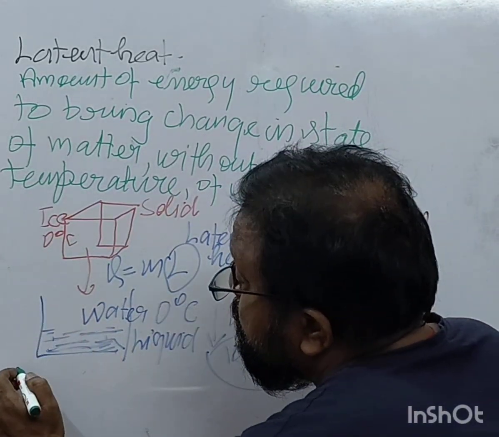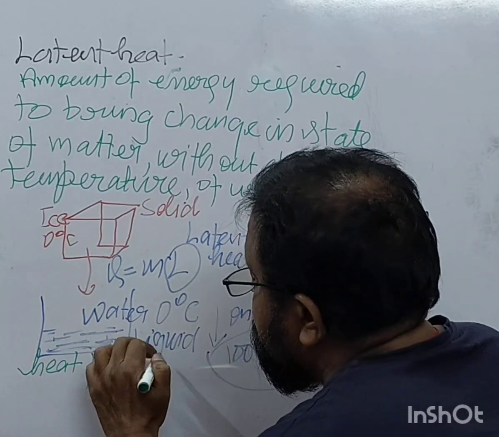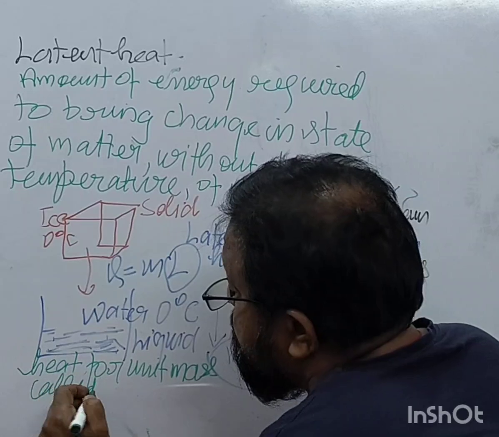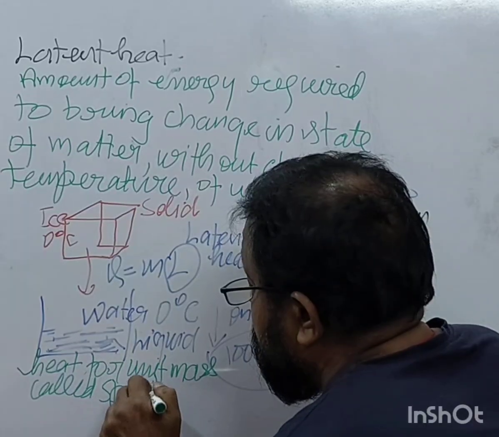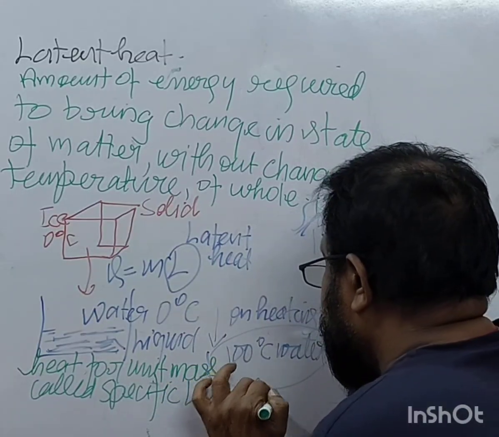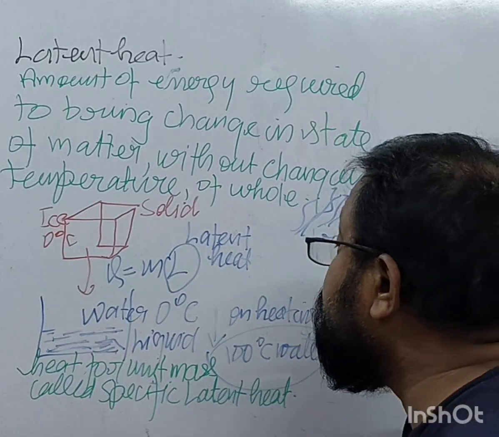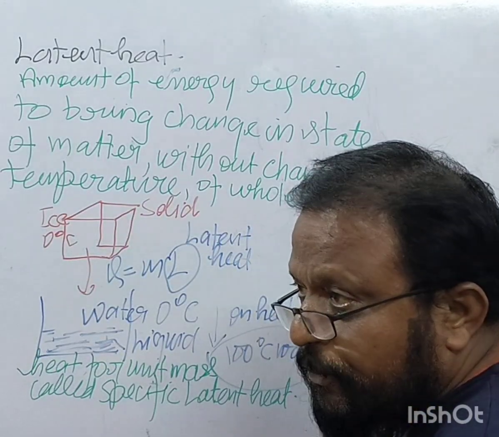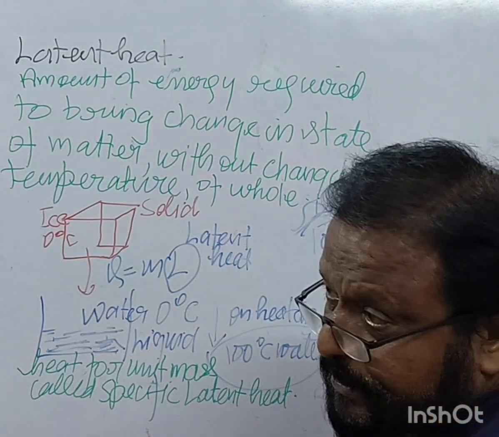Heat for unit mass is called specific latent heat.